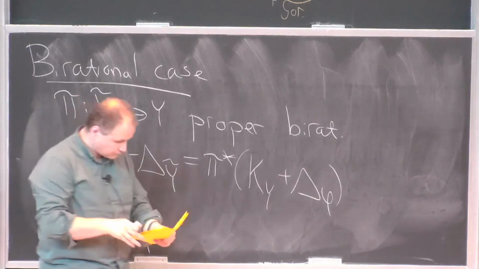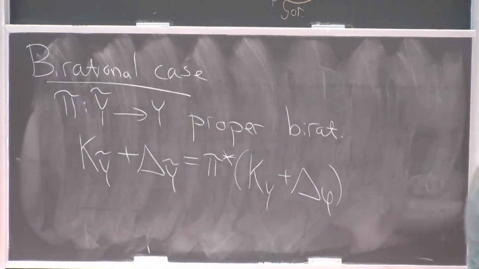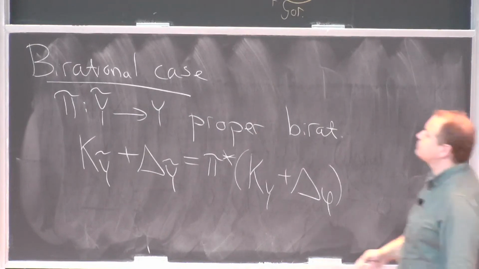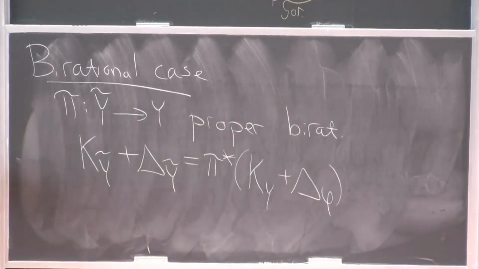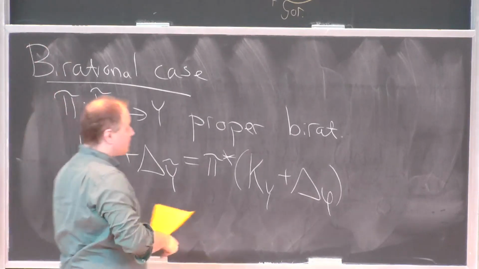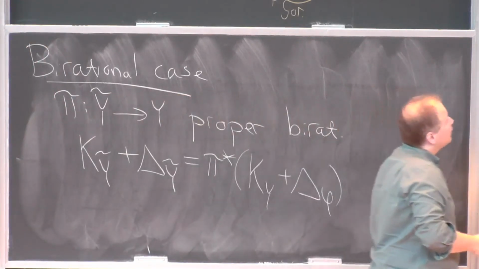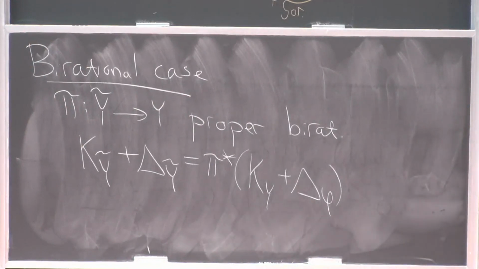Okay. So, I have this nice diagram up there. So what's semi-log canonical? What's log canonical? We maybe already have seen this, but let me write down the definition one more time.